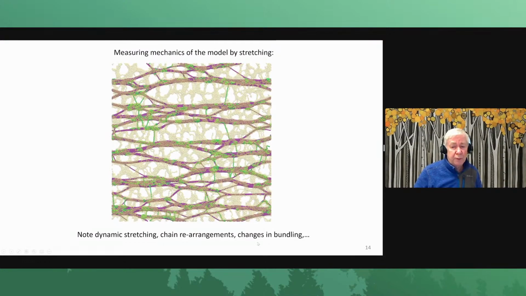We did this with the multilamellar, four-lamella cell wall, but it's visually too complicated to see what's going on. So a single lamella illustrates what's going on. What I want you to notice is that there's dynamic stretching of the polymers, there are rearrangements, there are changes in bundling. So this is a very dynamic model which carries out the kinds of changes we might anticipate the polymers undergoing when you're stretching a cell wall.